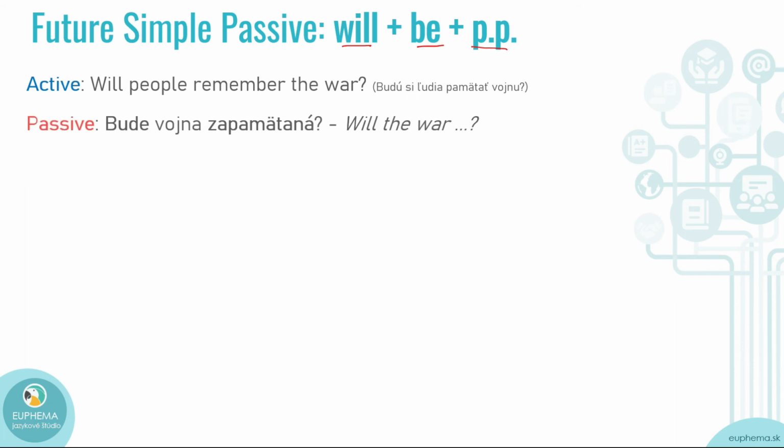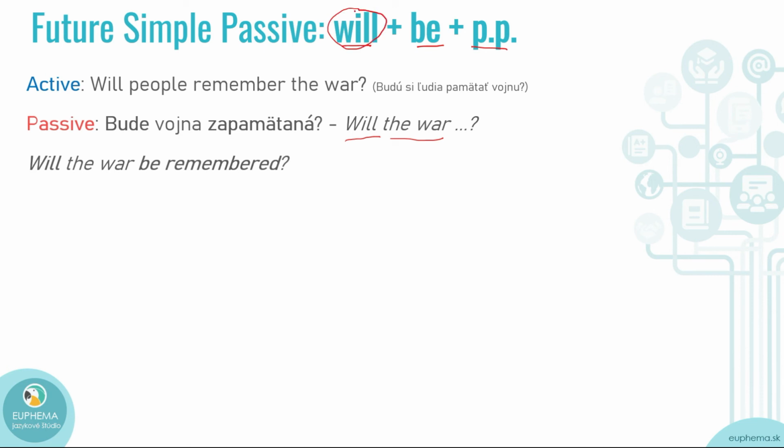Passive will look like this in Slovak, and in English, we're gonna have to start with will the war, what? Translate. Will the war be remembered? So we started with will, this will here, okay?